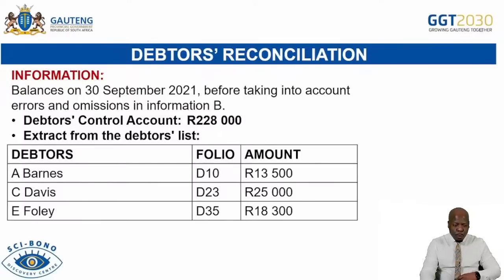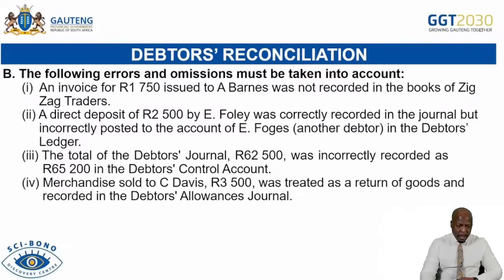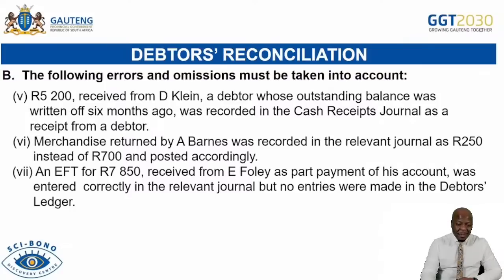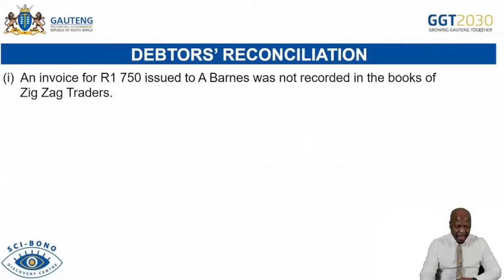And then we are told this is the information, all right, before taking into account errors and omissions. And this is the errors and omissions, all right. And then here's more errors and omissions that must still be taken into account. And then we start with the first error.